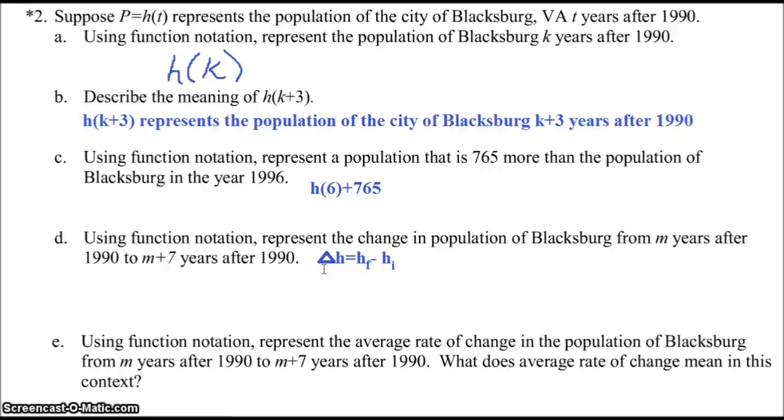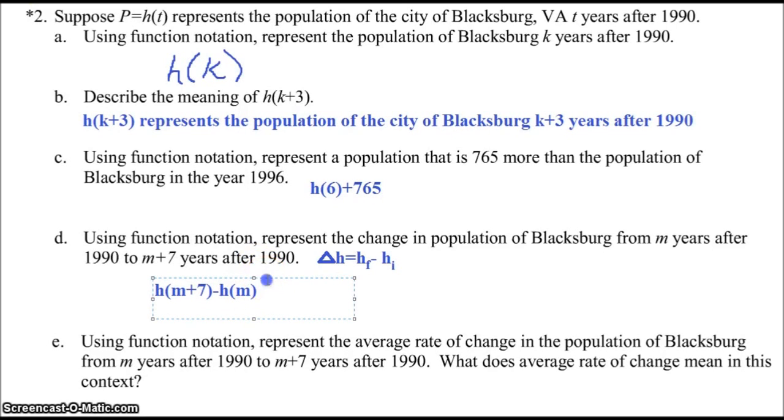So the final population, that's going to be m plus 7 years after 1990. We can represent that simply with h of m plus 7. And then m years after 1990, that's just h of m.